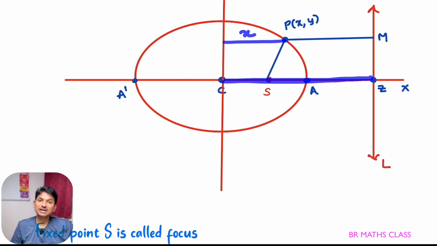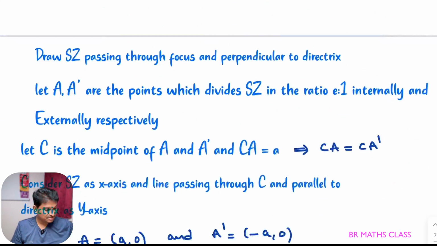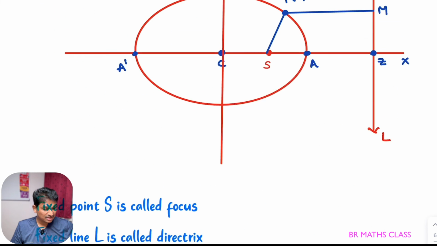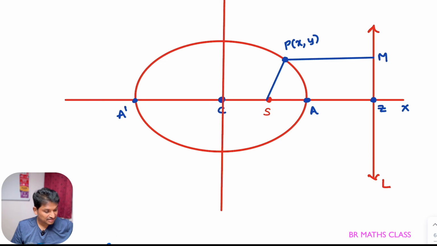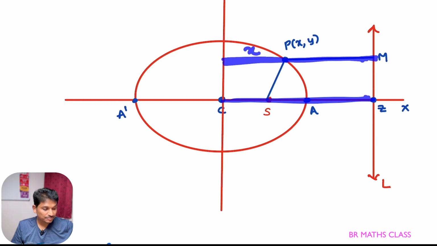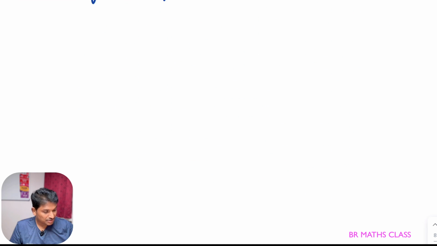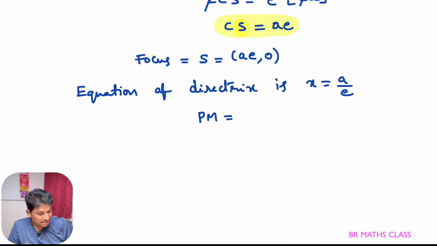Just now we calculated CZ as A by E. This full length is A by E, and this length is x. PM is this full length minus this, so PM is A by E minus x. I'll write PM here: A by E minus x.